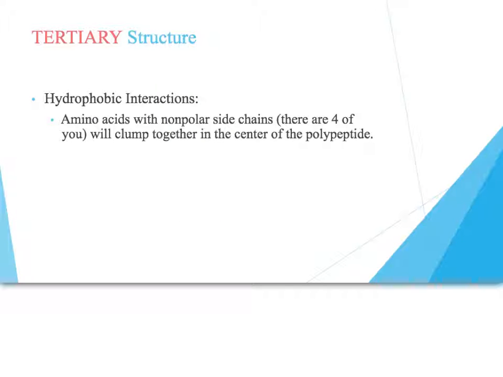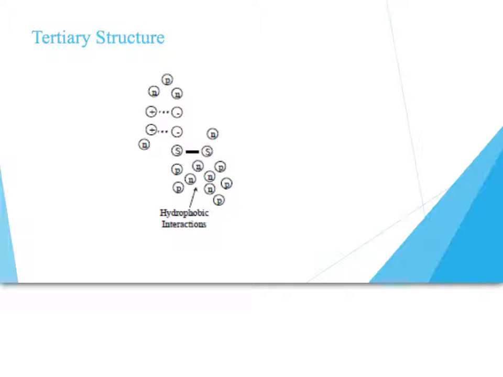And then finally, we looked at the hydrophobic interactions where we clumped together the nonpolar side chains, again, in the tertiary structure, where you can see that on the other end of the disulfide bond, we hid those nonpolar amino acids within the clump of the tertiary structure.